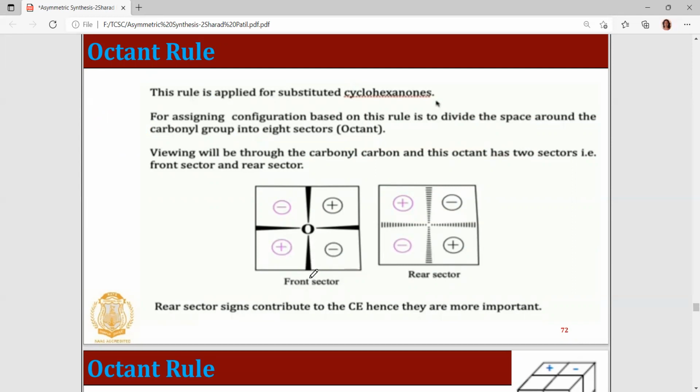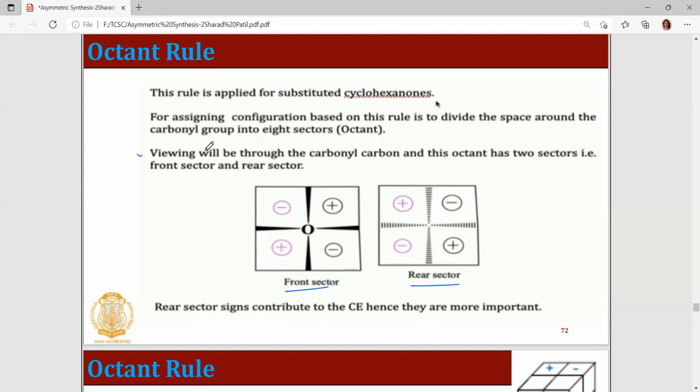When there is a front sector, the sign will be in this fashion, and when there is a rear sector, the sign will be like this. The front and rear sectors are very difficult to imagine, but in the next slide we'll understand.